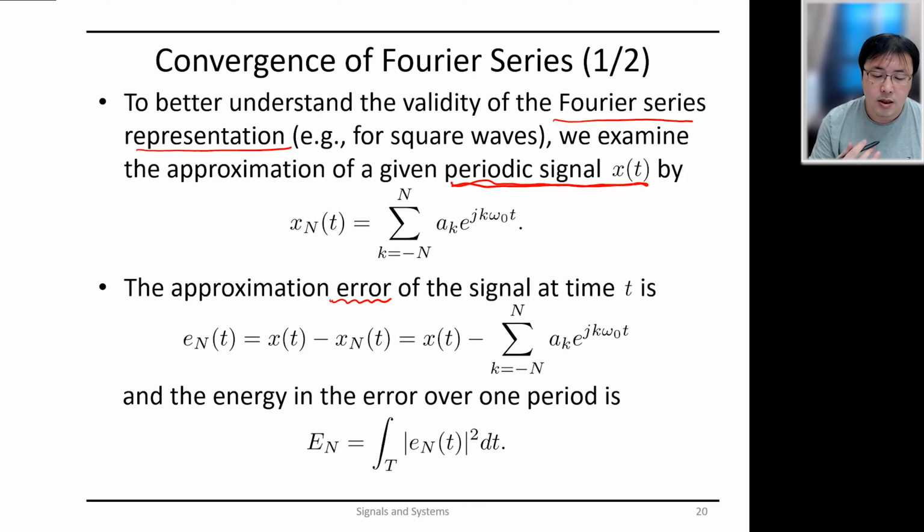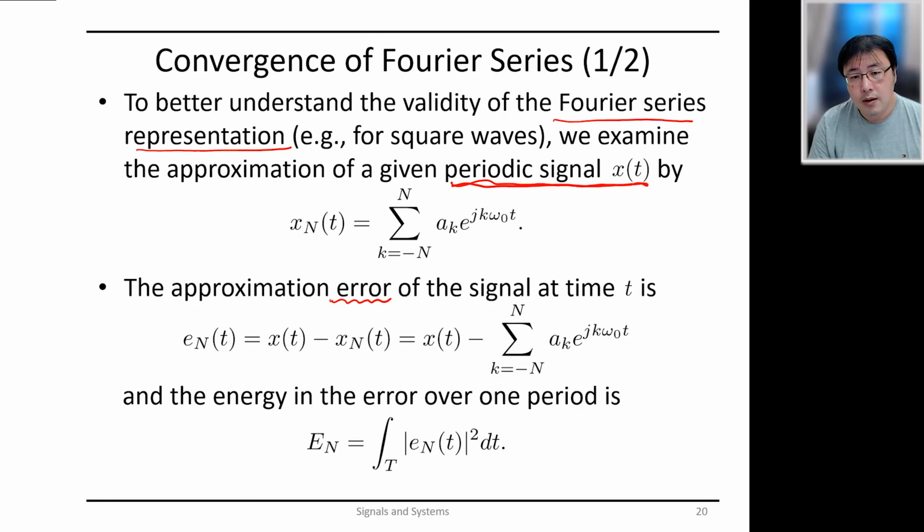Again, to examine the validity of Fourier series representation for general periodic signals, we start out by taking a truncated Fourier series x of N of t as an approximation of x of t. And then we can define the error as the difference between the actual signal and this truncated series x of N of t.